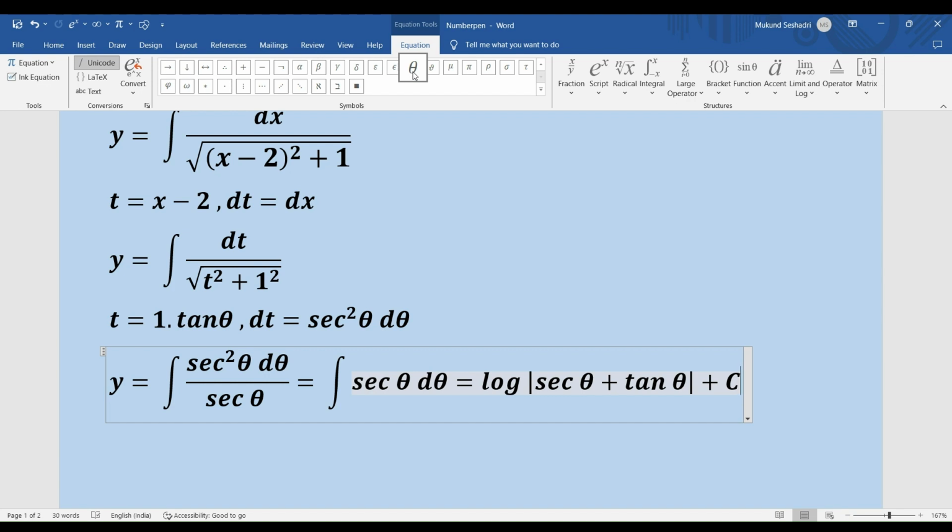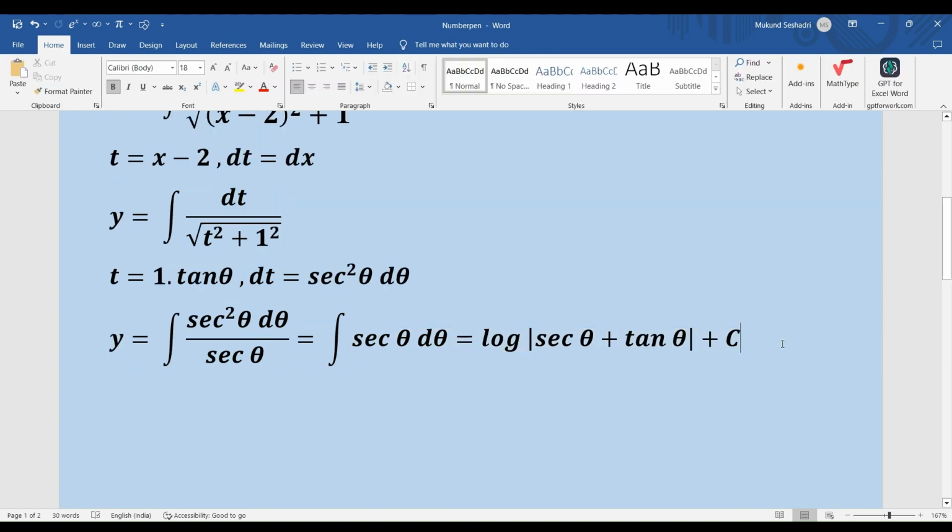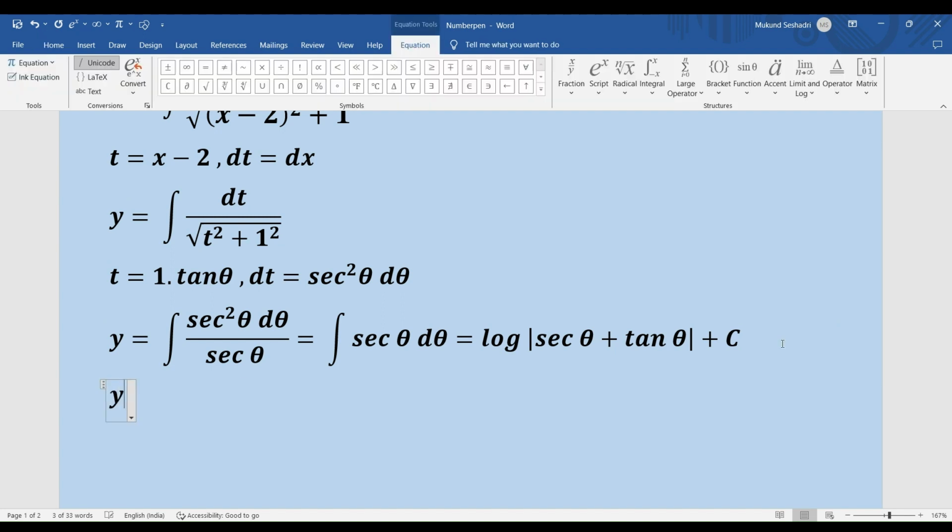And imagine we started solving this problem with y in terms of x, right? So I'll have to put back everything in terms of x. So what is that substitution that we'll have to make? We made two substitutions, and the most recent substitution that we made is t equals tan theta. So let me go back and put back everything in terms of t first before I come back to my x, right? So my secant theta is nothing but the square root of 1 plus tan square theta, right?